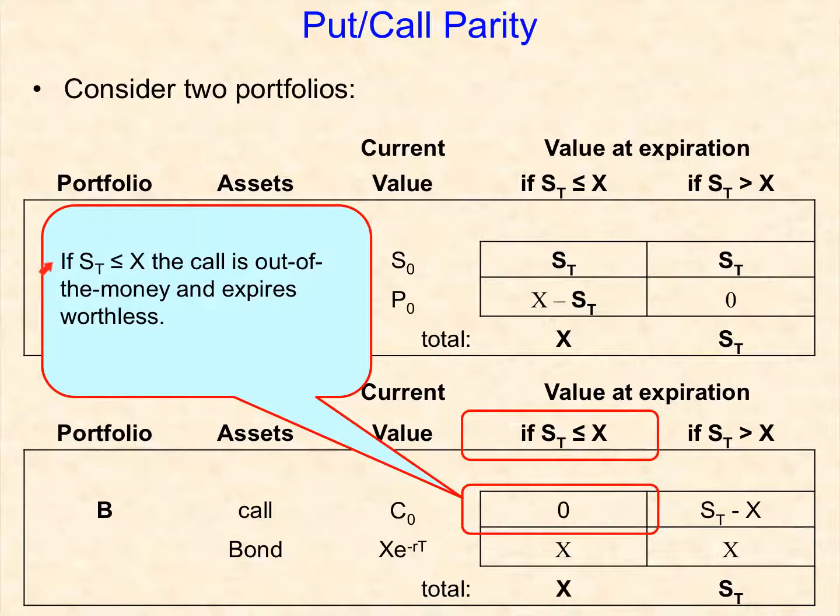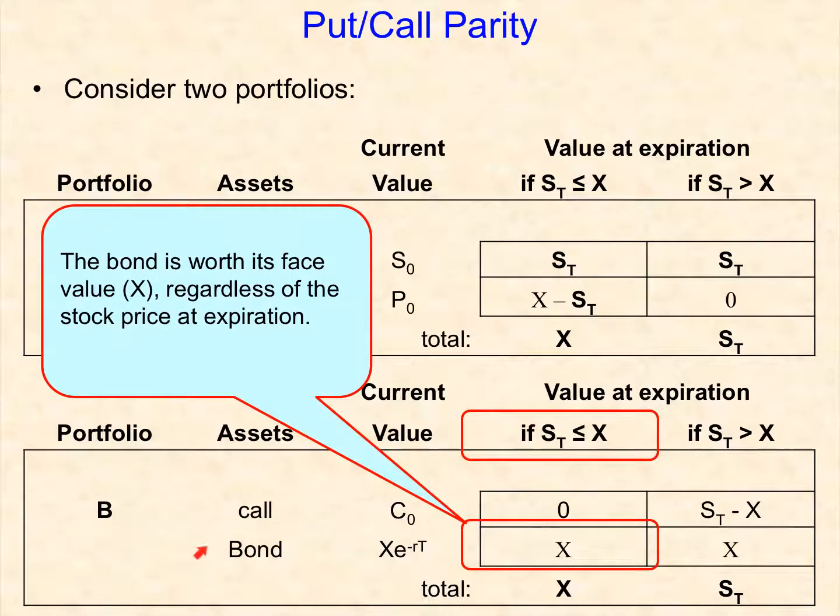If the stock price is less than the exercise price, the call expires out of the money and is worthless. So for Portfolio B, the call option has 0 value at expiration if the stock price is less than or equal to the exercise price.